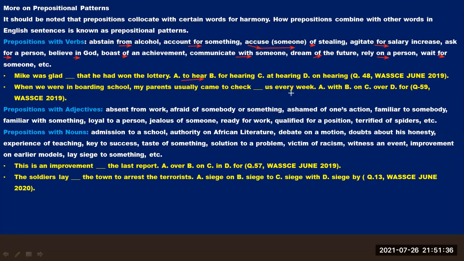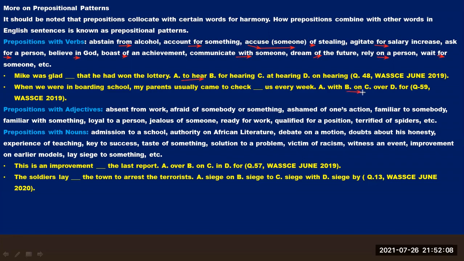Then the verb here is, I mean, the verb here is check. And then we are looking for the preposition that collocates with check. All right. Now, option A, check with. Can you say, my parents usually came to check with us? Of course, no. To check on us is correct.